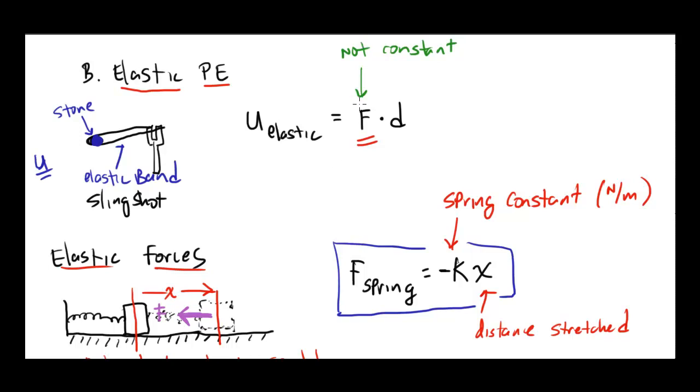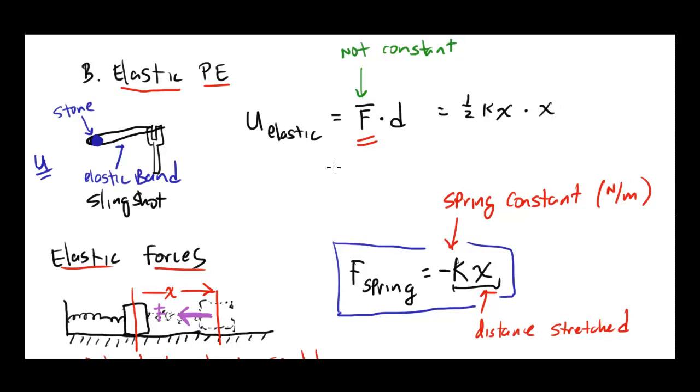I'd like this to be the average force. And the average force is going to be 0 plus kx, this is the maximum value, divided by 2. In other words, it would equal 1/2 kx. That would be my average force. And then I have to multiply by x again, because d is the distance stretched, x.